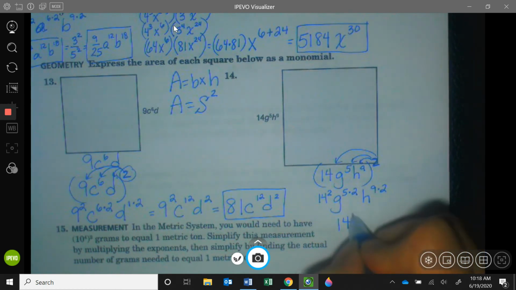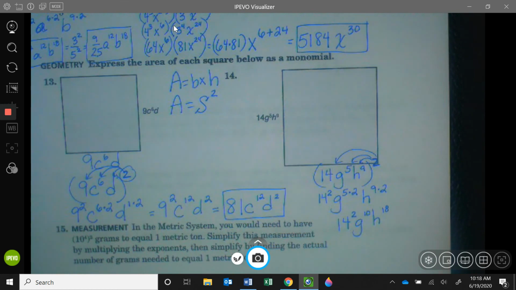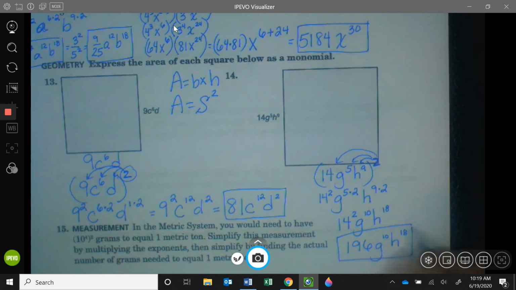So 14 squared, g to the 10th, h to the 18th. And so then 14 squared is 196, g to the 10th, h to the 18th. And there's your final answer.